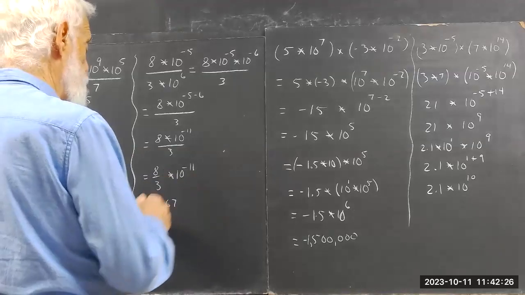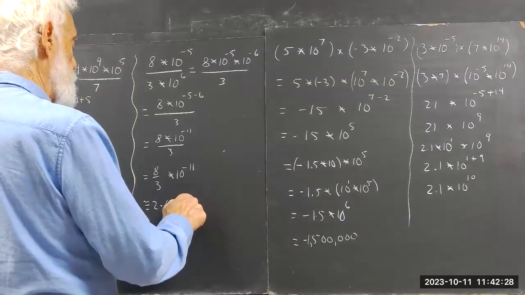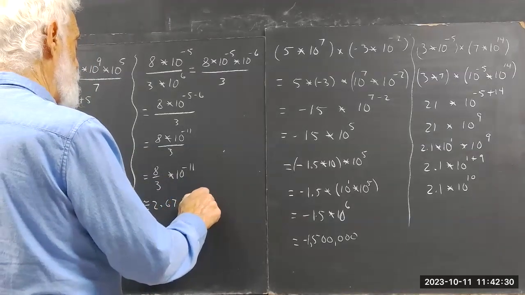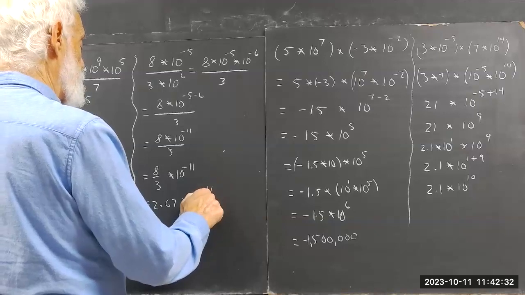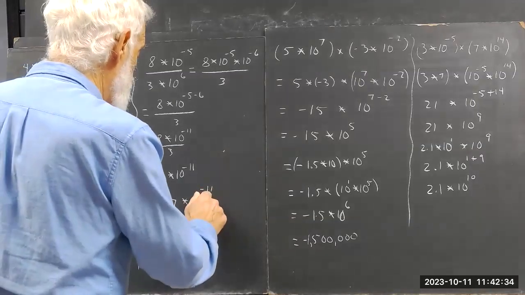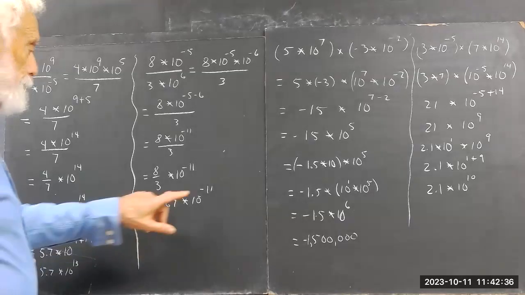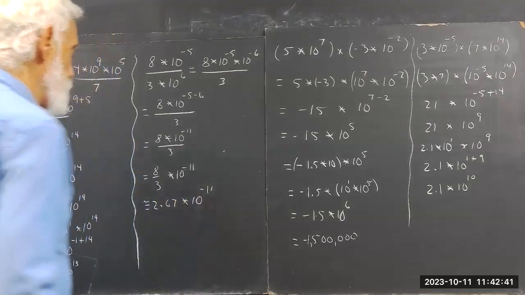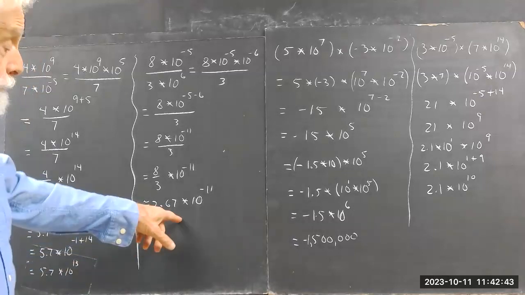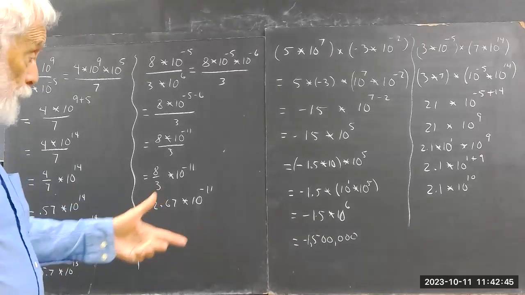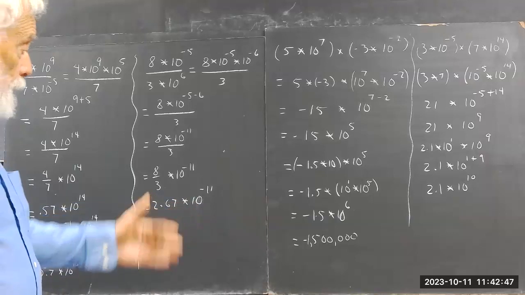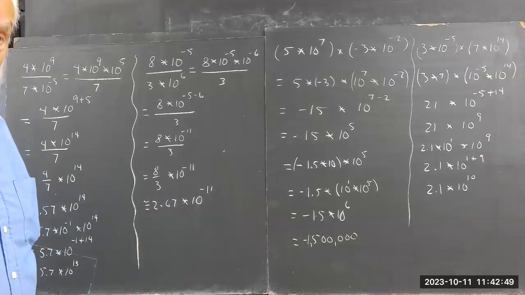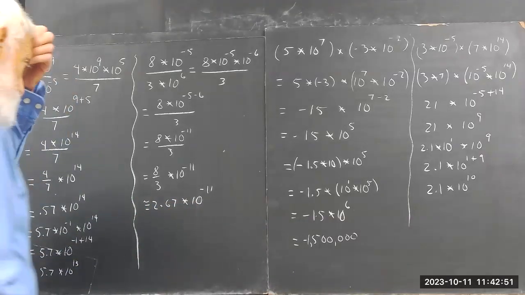2.6 repeating. We're going to just round it off to an appropriate level of precision. And there we have it. Okay. Yeah, this is it. We don't do anything with this. Now we could then write this out in decimal form.